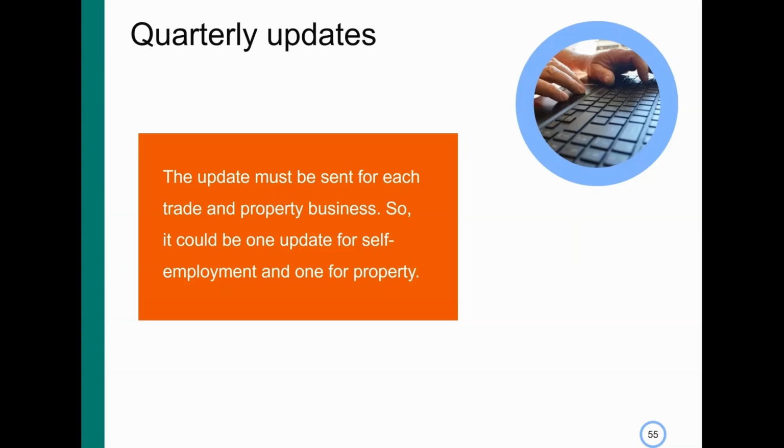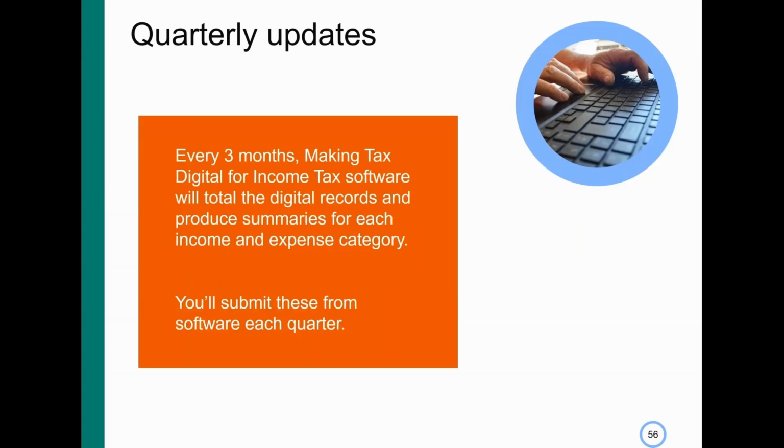Every 3 months, Making Tax Digital for Income Tax software will total the digital records and produce summaries for each income and expense category. You'll submit these from software each quarter. The quarterly update could be as simple as pressing a button.